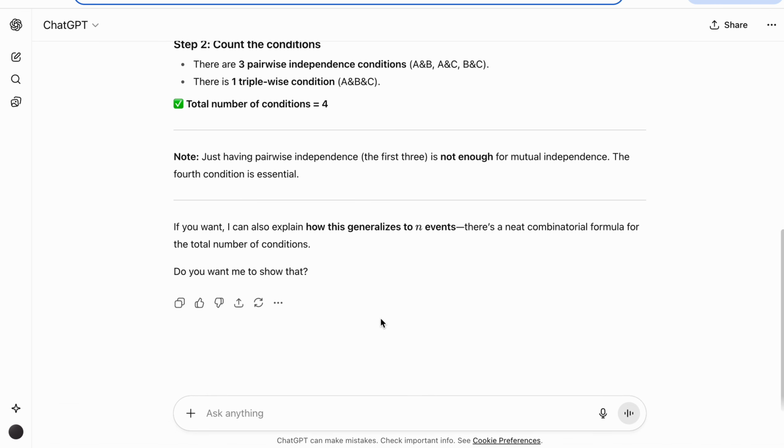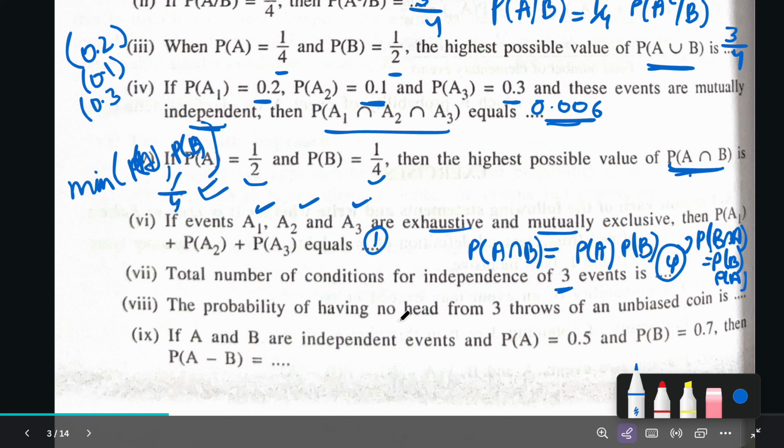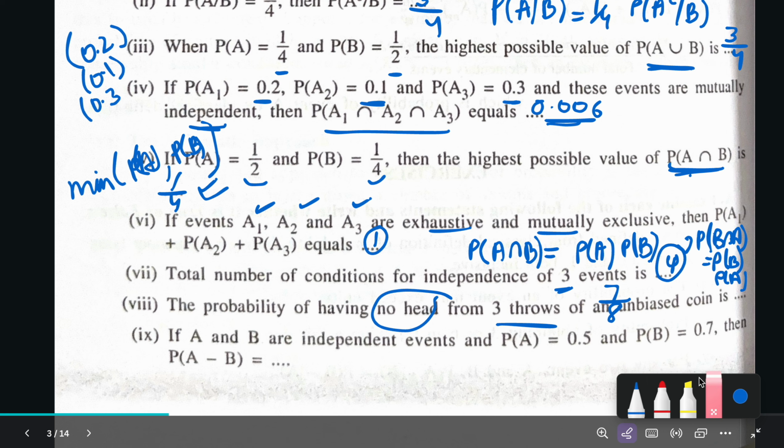The 4 conditions. Yeah, the probability of having no head from 3 throws of an unbiased coin is 7 by 8. Sorry, it would be 1 by 8. I thought, yeah. Okay, yeah, that would be 1 by 8.